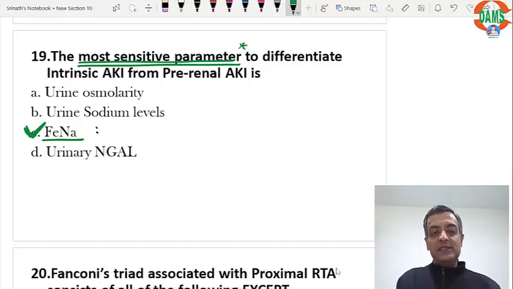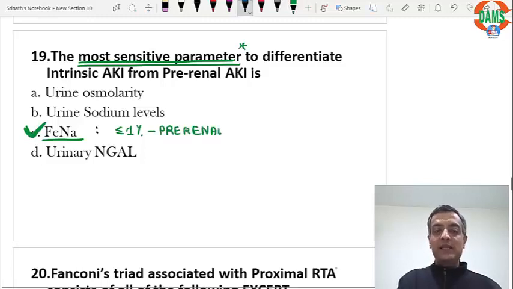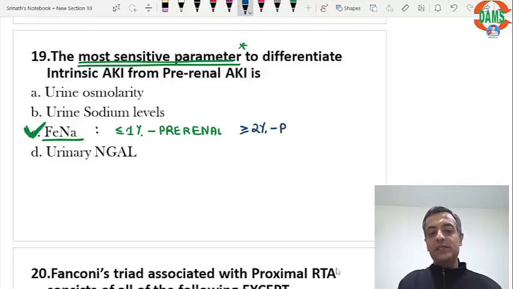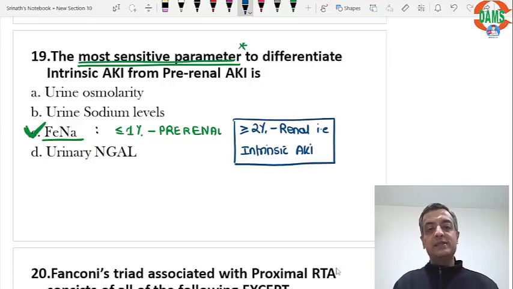Because FeNa less than 1% favors the diagnosis of pre-renal AKI, while FeNa more than 2% favors the diagnosis of renal, also known as intrinsic AKI, making it a sensitive marker to differentiate between the two.